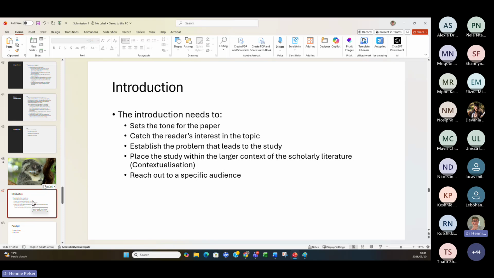It sets the tone of the paper. I like introductions, and I'll spend a lot of time with my supervision group on this, that grab the attention. For me, an introduction has to start with some overarching statement, whether it's controversial, whether it's a quotable quote, etc. So have something that really grabs the person's attention.